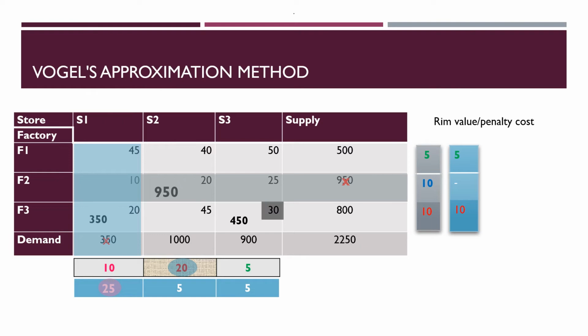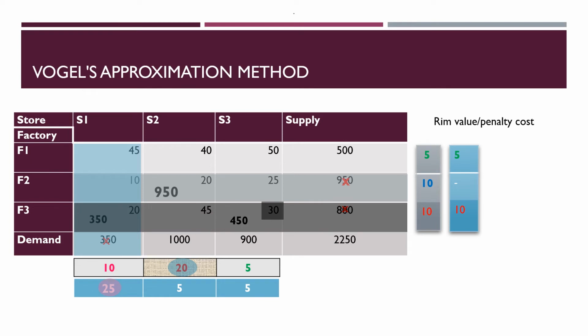Since we have already allocated 350 units from the F3 factory, we are only left with 450 units. Then we can put 450 in the F3 S3 cell. Then all the supply condition of F3 is satisfied. We cannot allocate any more from the F3 factory. Therefore, I will hide that cell.